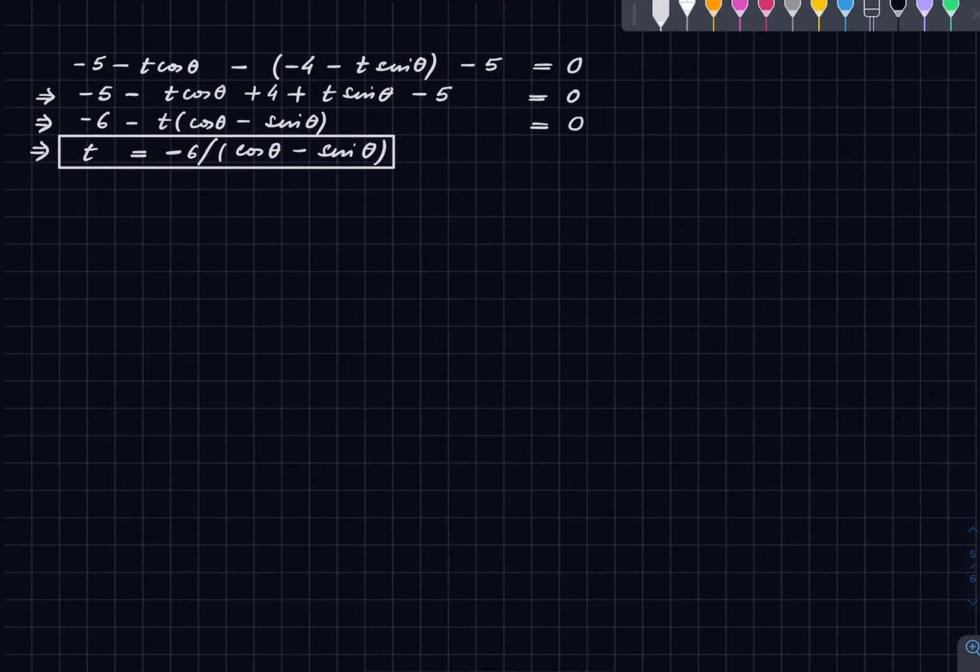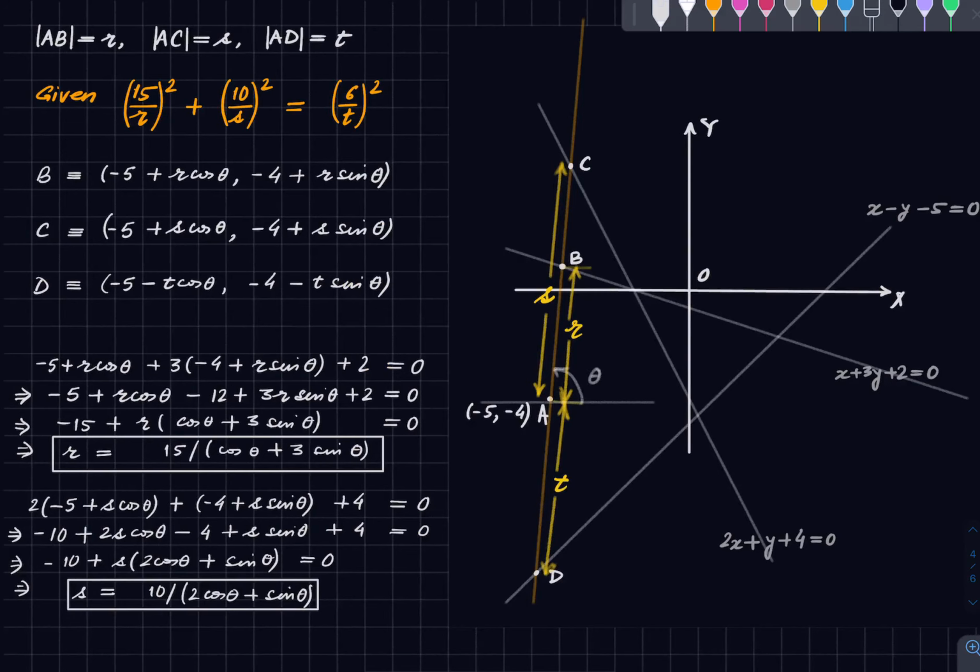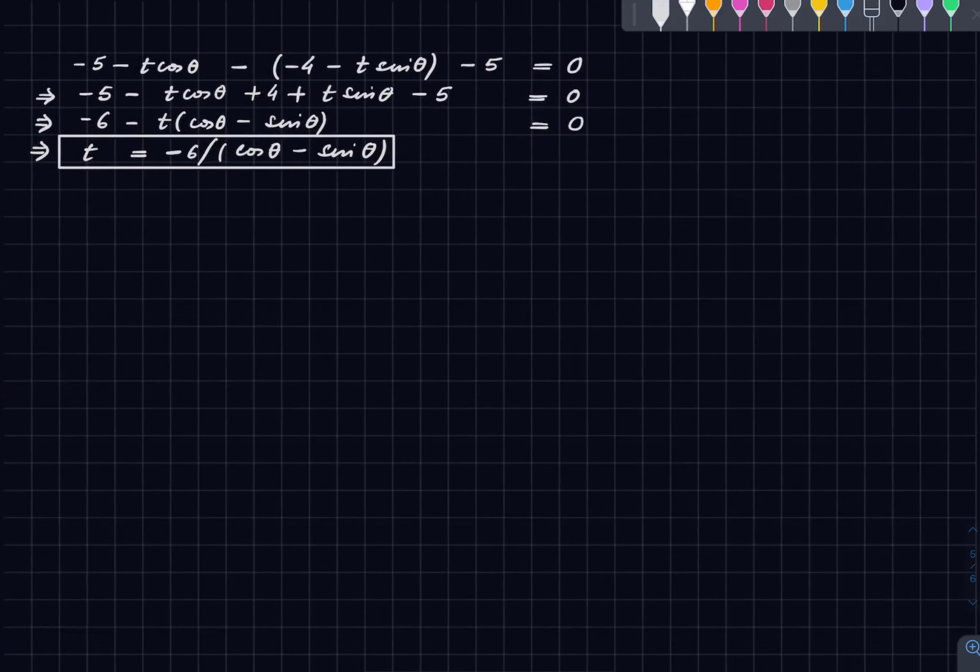So what we have is cos theta plus 3 sin theta whole square, plus 2 cos theta plus sin theta whole square, equals cos theta minus sin theta whole square.